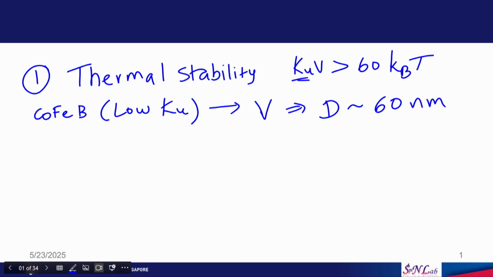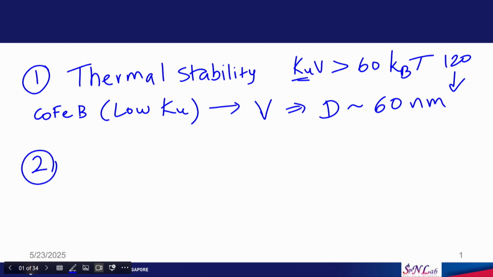That means, if you make an MRAM smaller than 60 nanometer in diameter, magnetization will start fluctuating. So, this is the limit. We can go down from say 120 nanometer all the way to 60 nanometer, but if you go below this, you will lose the data, you cannot store the information for 10 years. So, that is one problem that we learnt.